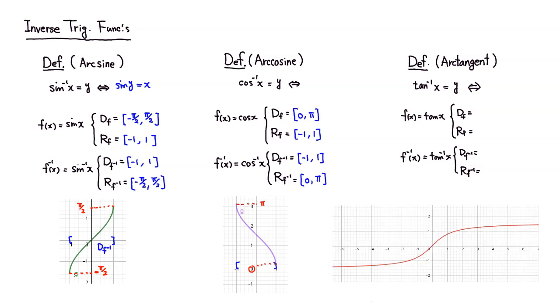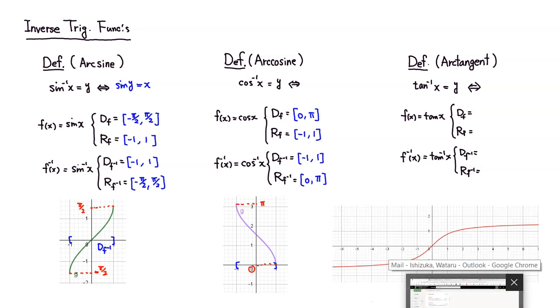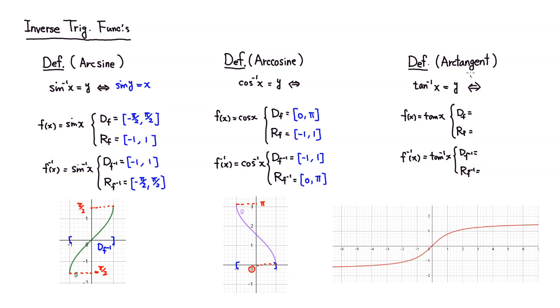So the restriction was we have to pick the one piece, negative pi over 2 to positive pi over 2. The range of the original tangent function is all real numbers, going from negative infinity to positive infinity.